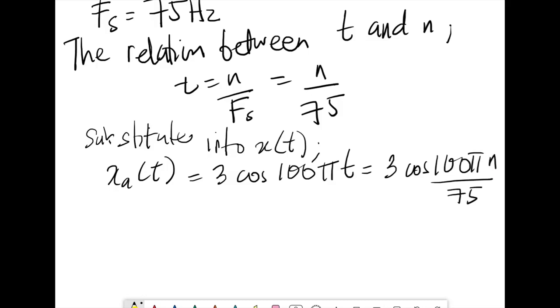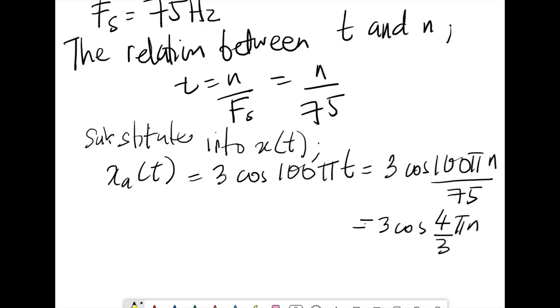Okay, this gives you 3 cos 4 pi over 3 n.